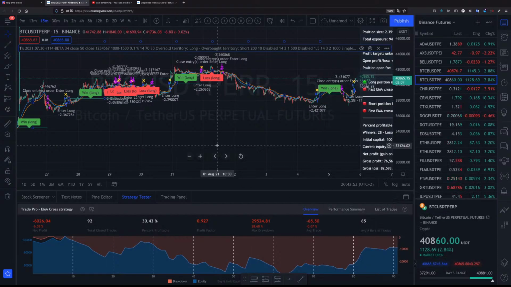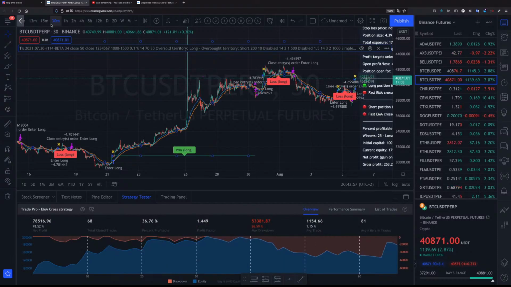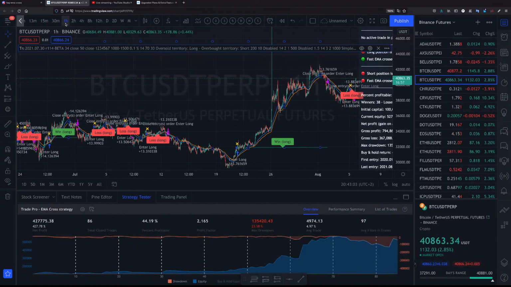So let's try now with this 15. Yeah. Better. Better. 1 hour. Yeah, this 1 hour, but the drawdown is high. It's very high. And it happened right here, as we can see.